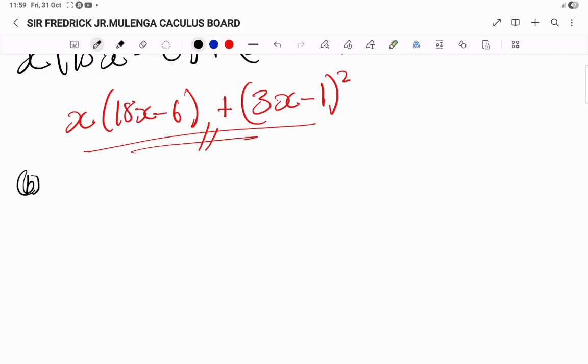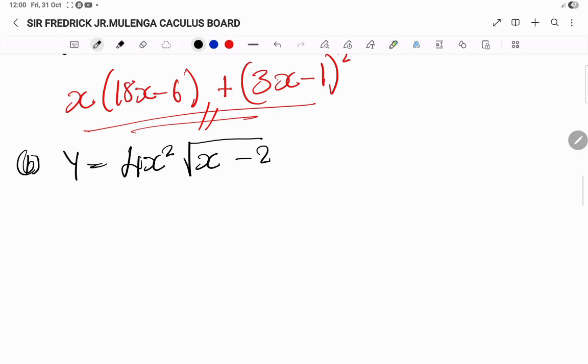So let's do another example. In case you missed it in the first one, you can also follow in the second one. So we have this function 4x squared, then we have this, the square root of x minus 2.